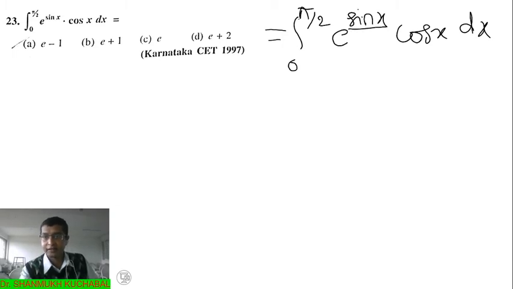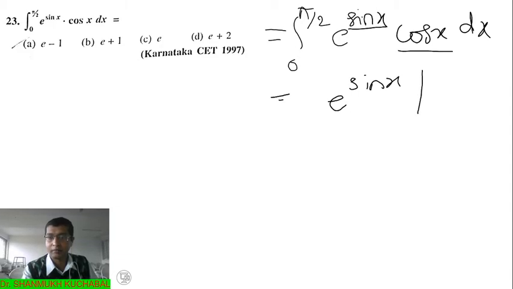Here we have studied this property. Here the differentiation of sin x, that is cos x, is present. It is of the form e raised to f of x into f dash of x. Its integration is e raised to f of x, that is e raised to sin x. The limit is from 0 to pi by 2.